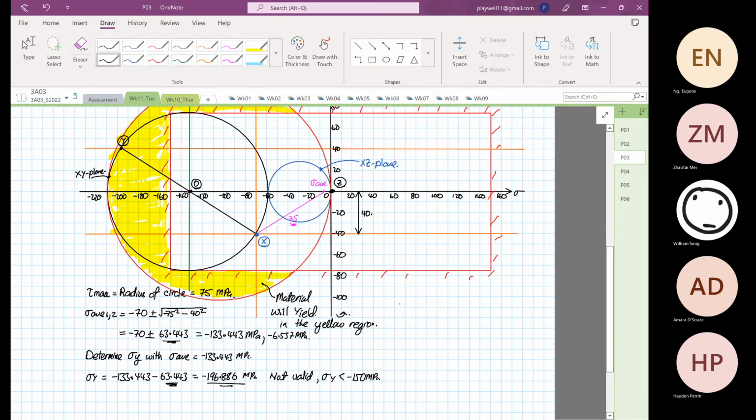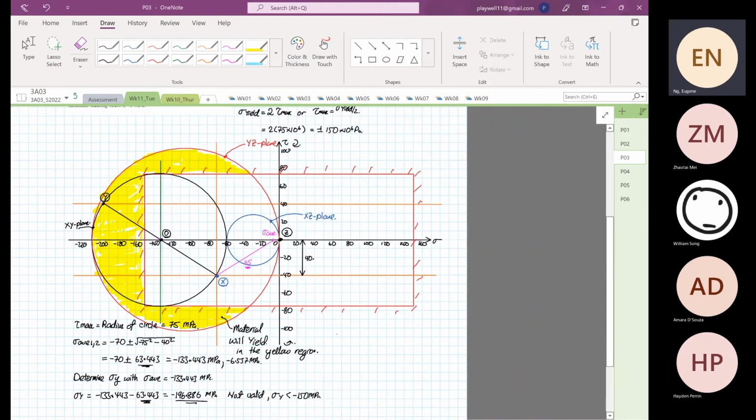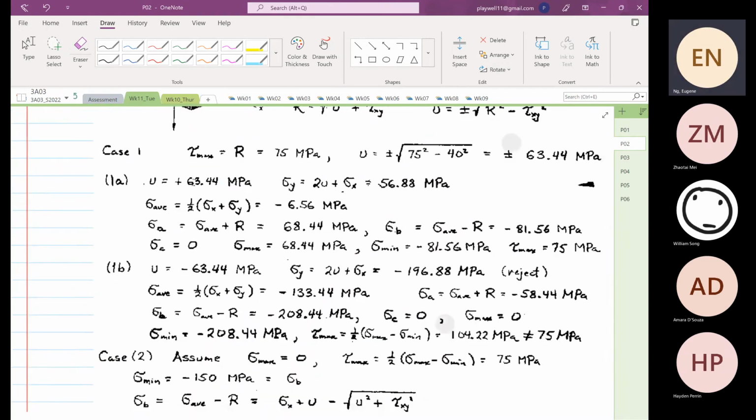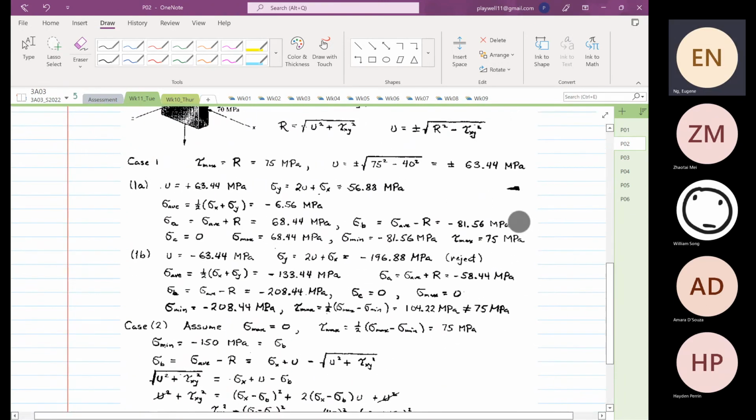So what we have just done over here, if we were to go back into the solution manual, you cannot see any visualization at all. If you look at 1B, we also calculated this value, and they just say reject.